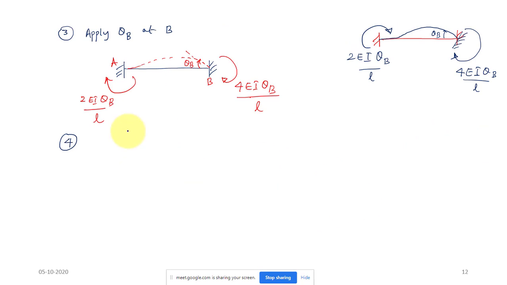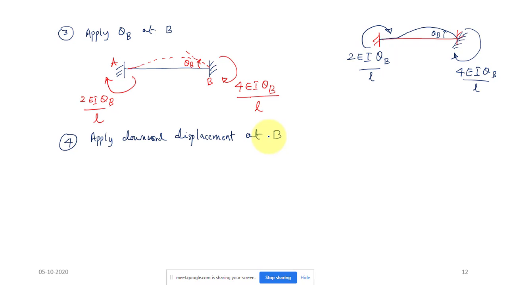So next we are applying a downward displacement at B. This time we are going to have only this downward displacement, only settlement. There is no rotation.